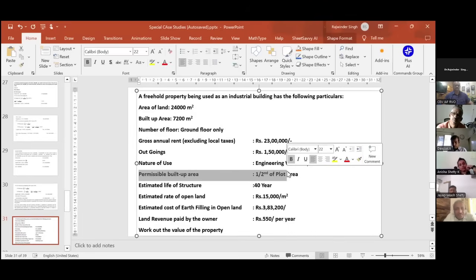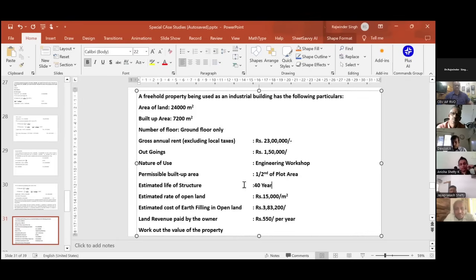So the estimated life of the structure is 40 years. Estimated rate of open land is 15,000 per square meter. Estimated cost of earth filling in the open land is 3,83,200. Land revenue paid by the owner is 550 rupees per year. Work out the value of the property.